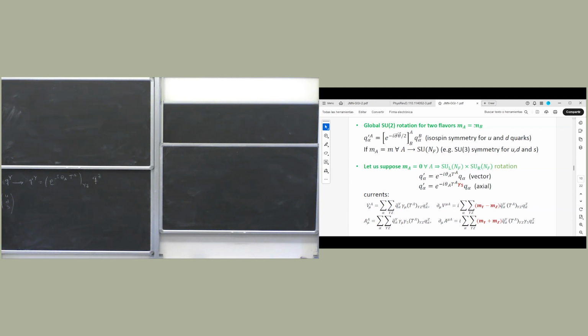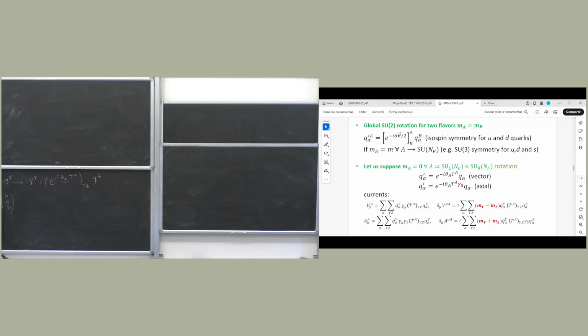Okay, to get the currents, you need to apply Noether's theorem, right? So then you need to see what is the variation of the field. The thing is that you make this transformation infinitesimal.